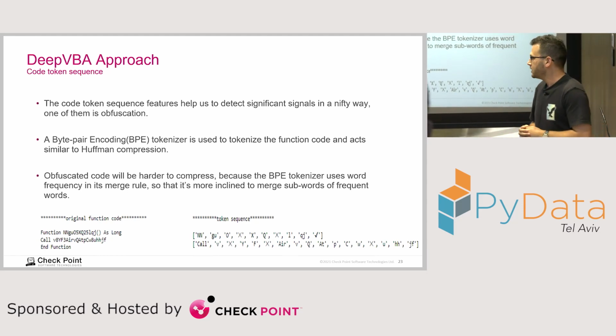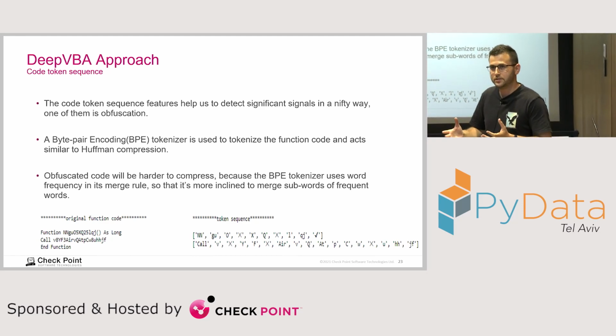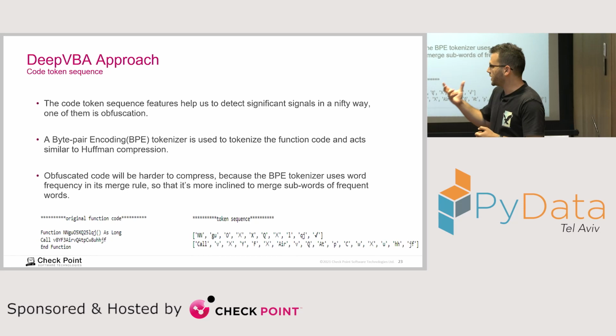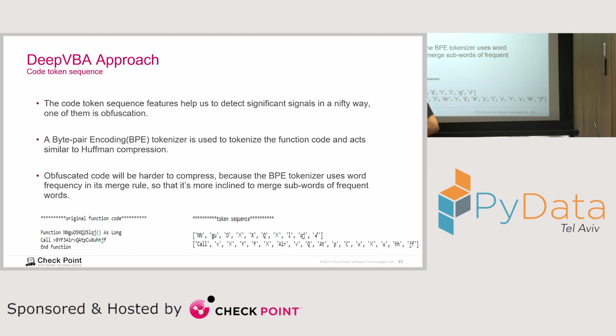We will see what I mean. Basically, as I said before, most malicious examples are obfuscated. So obfuscated code will be harder to compress, and that's because the BPE tokenizer's merge rule is based on frequent words. And you can imagine then that this very long word is not frequent in our data. Okay, it's generated. It's randomized.